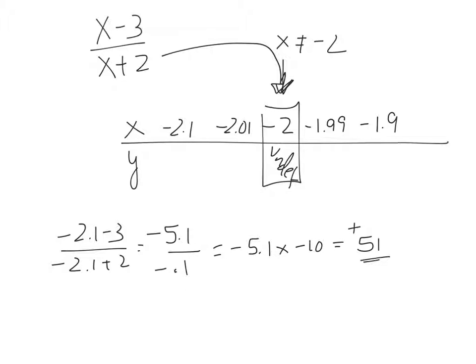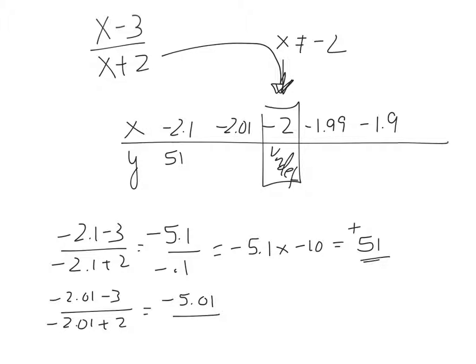That means you have to be above that asymptote. You're going up. Let's get the next one. That was at negative 2.1, and we're at 51. Okay, let's do negative 2.01. Negative 2.01 minus 3 over negative 2.01 plus 2. Negative 2.01 minus 3 is minus 5.01.